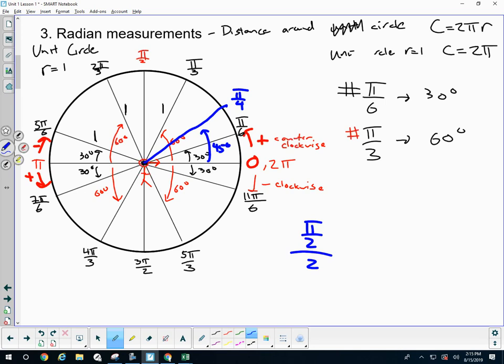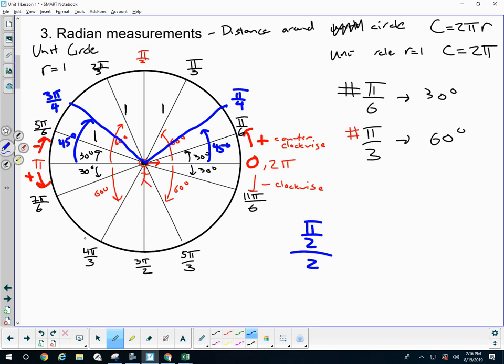And I actually can go around the entire circle just by adding 45 degrees at a time. So I get 45 to 90 to 135. So this is 1 pi over 4, 2 pi over 4, 3 pi over 4, which creates a 45-degree angle with the x-axis.